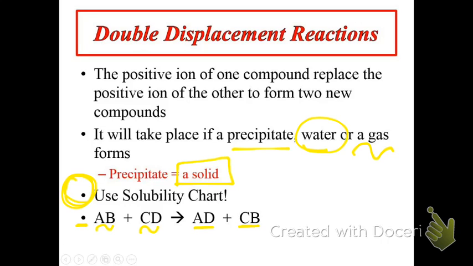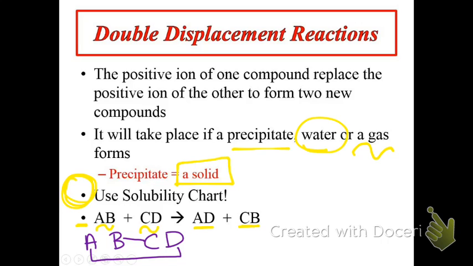To show this in visual form again, A and B break up, C and D break up, A now hooks up with D, B hooks up with C. I guess you have to do it the other way, C has to hook up with B. So that's what you'll be doing: breaking up couples and making new couples.